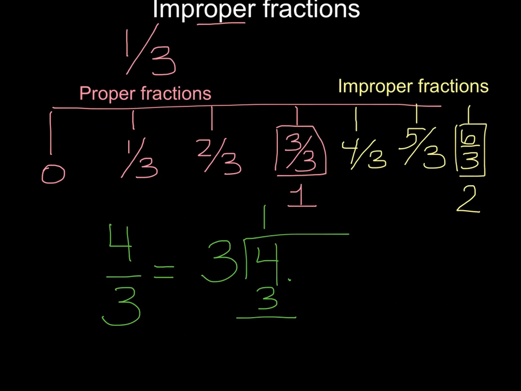There's my giant 1, a remainder of 1, so that remainder goes over, and since I have 3 parts, my remainder goes over 3. Same answer we got last time. A whole lot more complicated because you're dividing. If you use the number line and you see the connection there, it will help you.